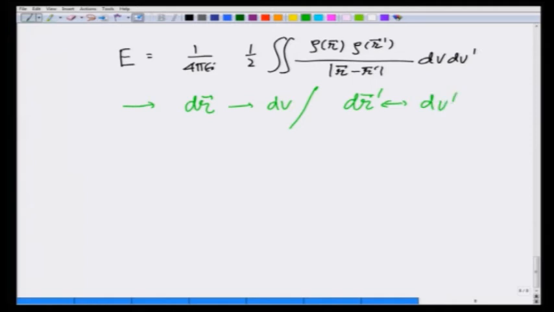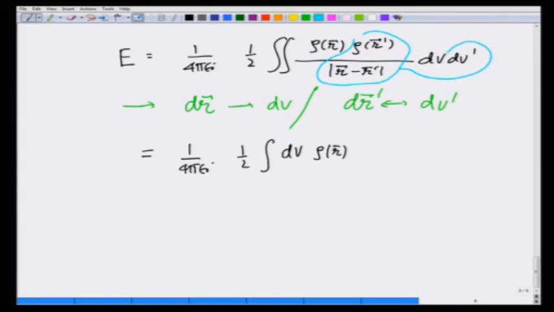So, do not get confused. Now, I can write this as 1 half integration dv rho of r, and this term, rho of r prime over |r minus r prime| dv prime combined with 1 over 4 pi epsilon 0, is nothing but V at r.